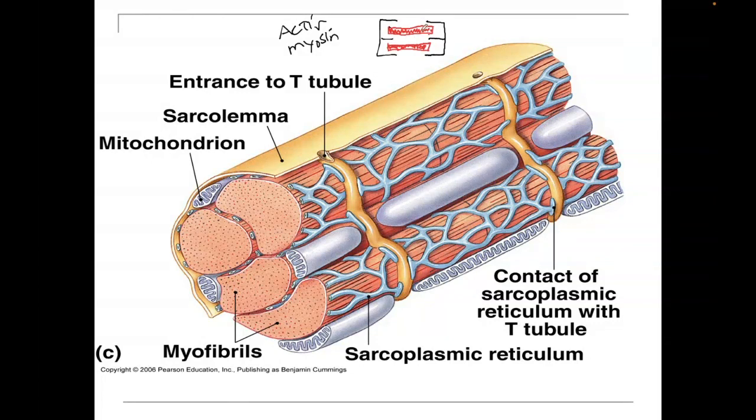And the red one looks thicker, and the black one looks thinner. So myosin is thick. It's the red one. And the actin is the black one.